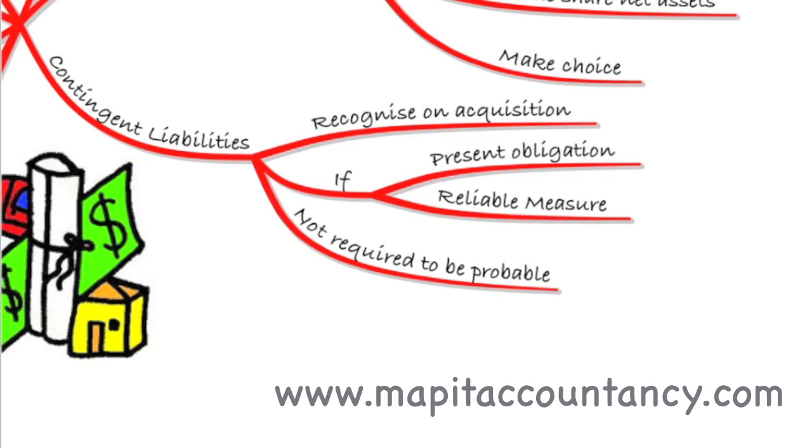There is no need for it to be probable. So for it to be recognised in the single entity's financial statements, it would need to be probable, but not under IFRS 3 for a consolidation. So if there is a contingent liability, we'll recognise it on acquisition if we have a present obligation and a reliable measure, not required to be probable.